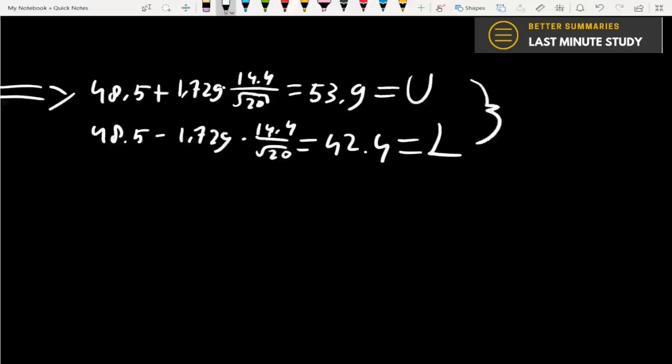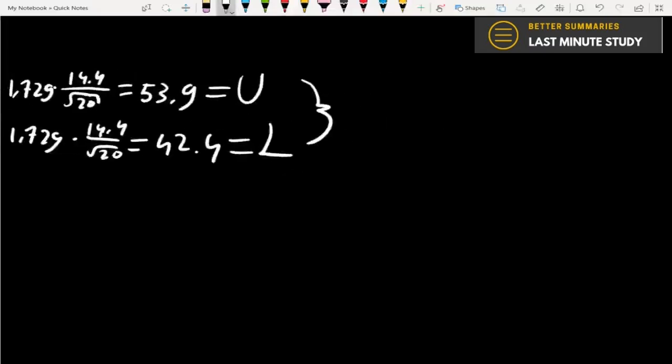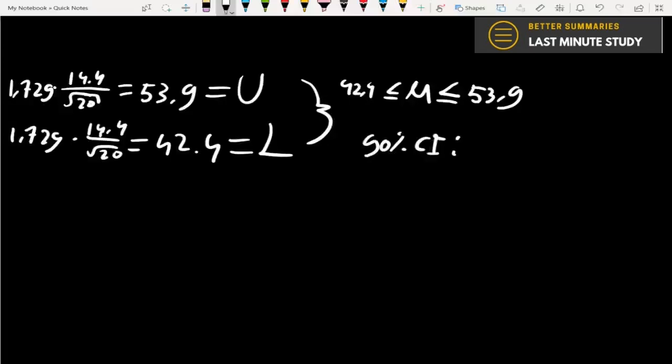What follows from this? That we're 90% confident that mu is going to be smaller than the upper limit and larger than the lower limit. So what's our 90% confidence interval?